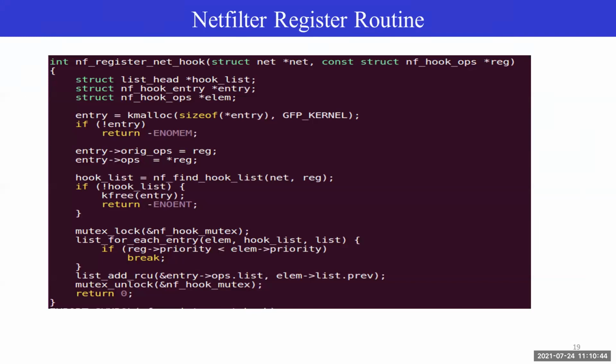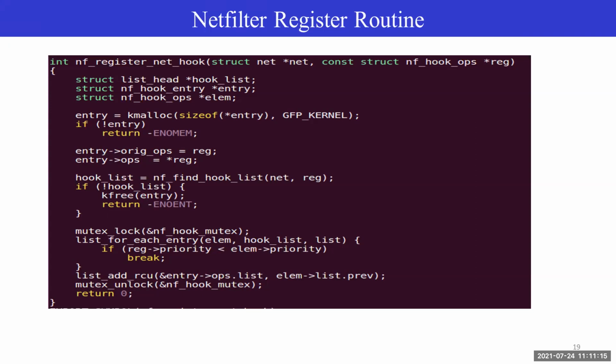Okay, now let us check how this nf_register_net_hook looks. This is quite simple if you are familiar with linked list programming, even in user space. Please note that this function is common for all the hook points.